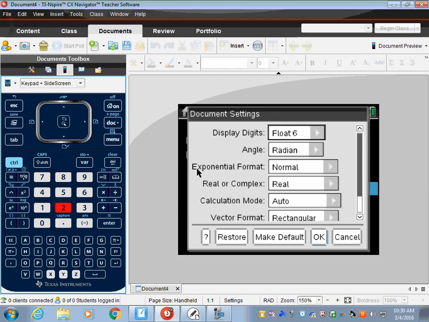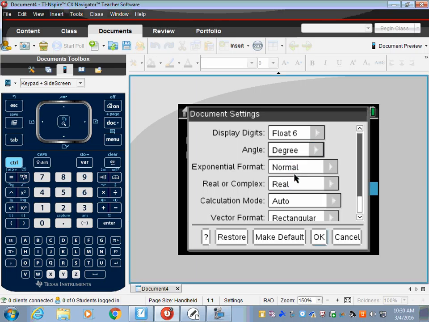Okay, so look at my settings. Anyone have a different setting than mine? My setting is in radians. You should be in degrees. I need mine to be in degrees because we want the sine of 30 degrees, okay? So my calculator's wrong. I'm not wrong. I will remind you to make sure that it's in degrees.